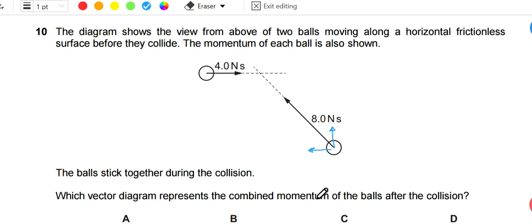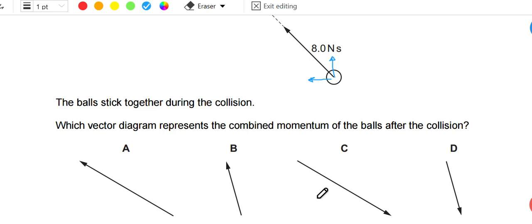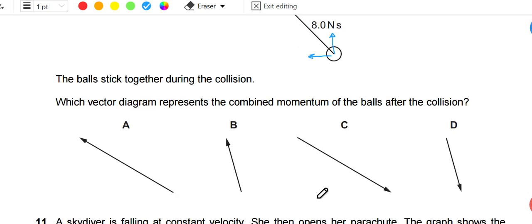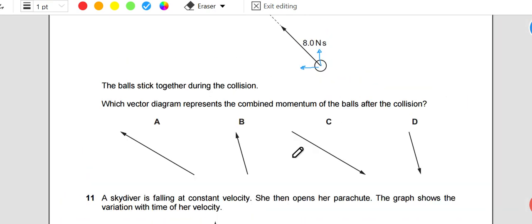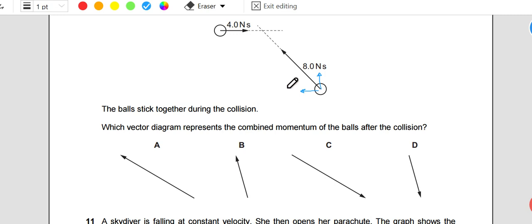So we cannot expect the combined momentum after collision to be A, because if we look here, A is greater than that of before, and the inclination is towards the horizontal.